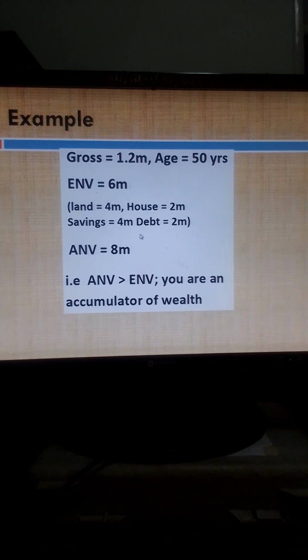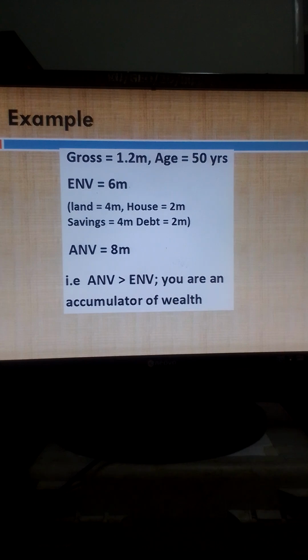So in this particular case, we find that your actual net value is 8 million and your expected net value is 6 million. So your actual net value exceeds your expected net value. So we can say that you are an accumulator of wealth.